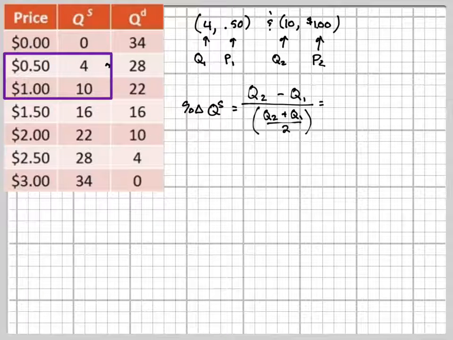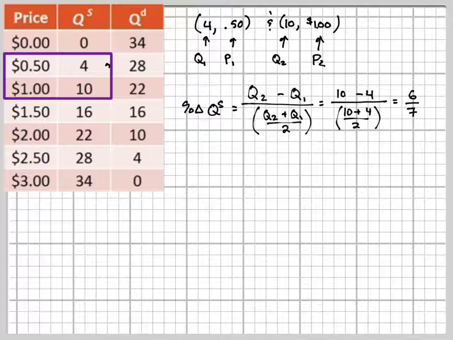And again, we know everything in this equation. So this is 10 minus 4 over 10 plus 4 over 2, or 6 divided by 7, or approximately, if you round, 0.86.